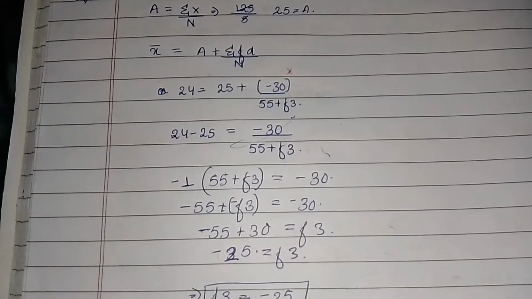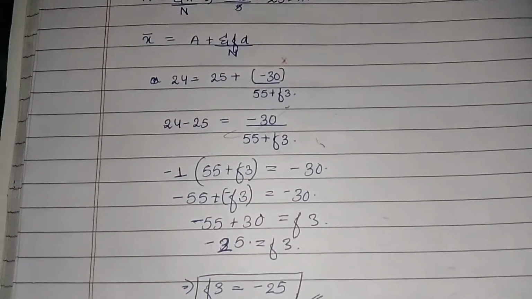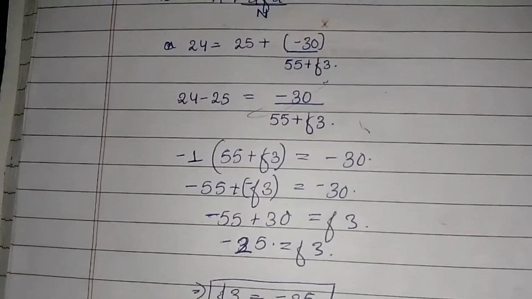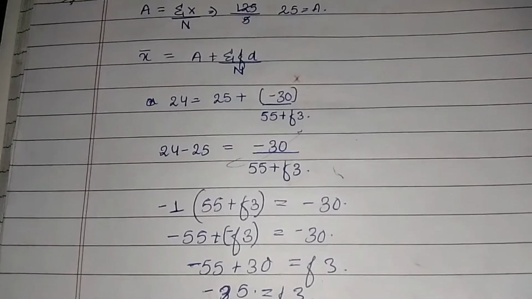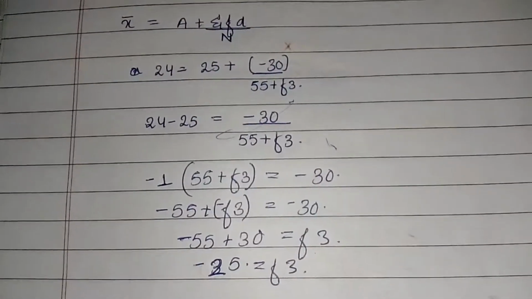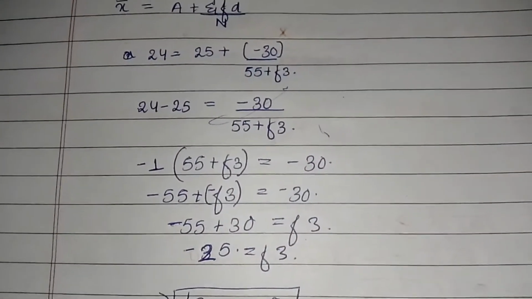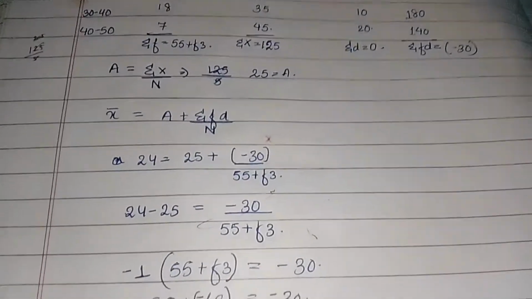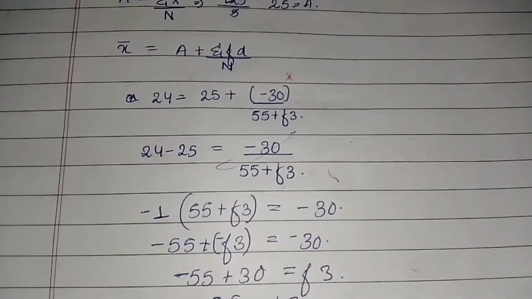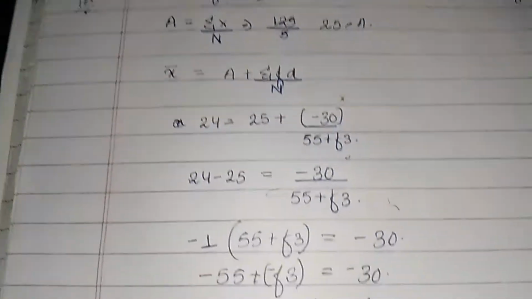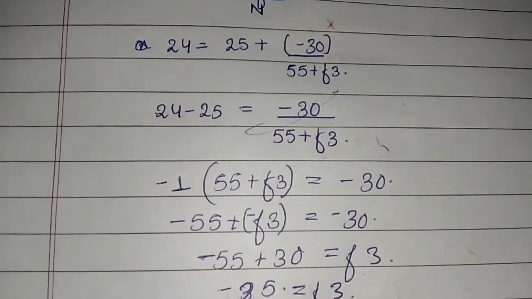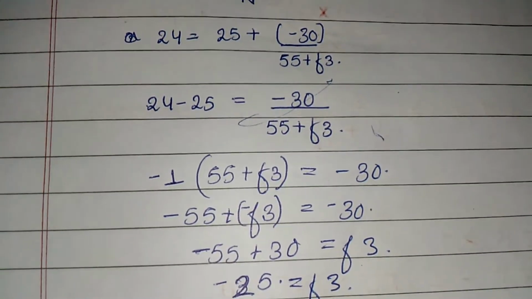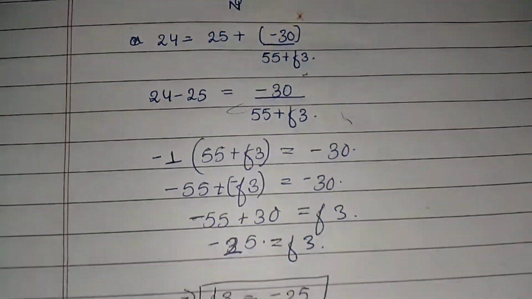Mean equals a plus sigma FD upon n. We have arithmetic mean 24 equals a, which is 25, plus sigma FD, which is minus 30, upon n, which is 55 plus f3. So 24 minus 25 equals minus 1 equals minus 30 upon 55 plus f3.